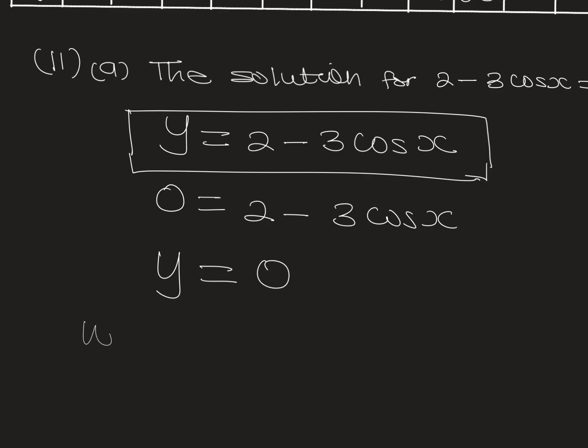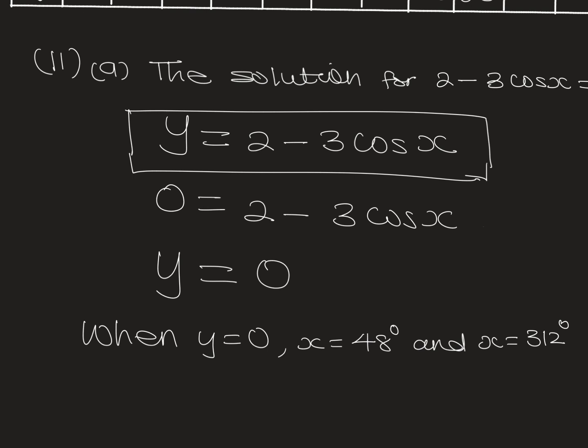So we'll say it this way: when y is equal to 0, x is equal to 48 degrees and x is equal to 312 degrees. Okay, there are two solutions. So what you have realized is that the relationship between these two values is that when you add them, you will have 360 degrees.